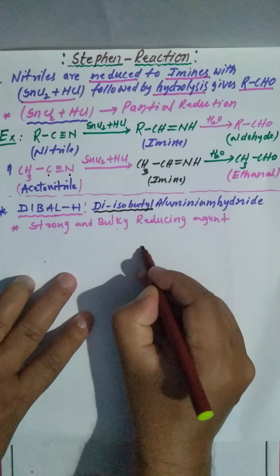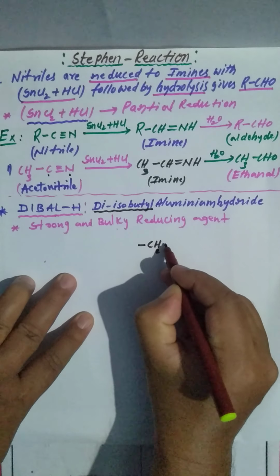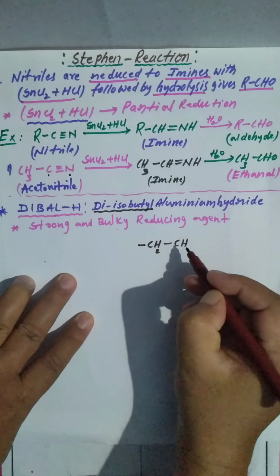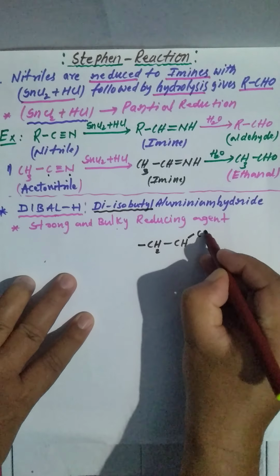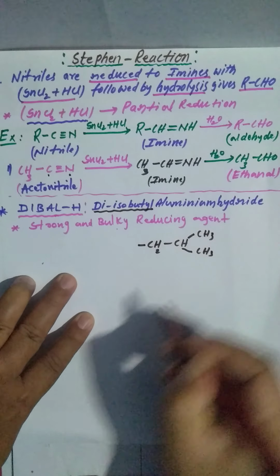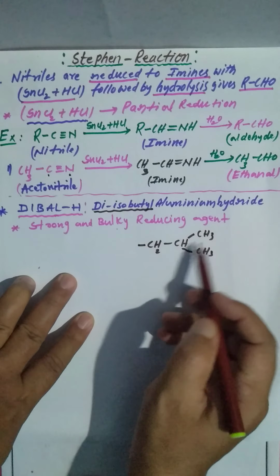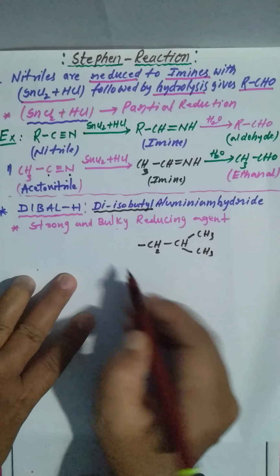I am drawing the isobutyl group: CH2, CH, CH2, CH, CH3 and CH3. See here, 1, 2, 3, 4. This is what we call the isobutyl group.